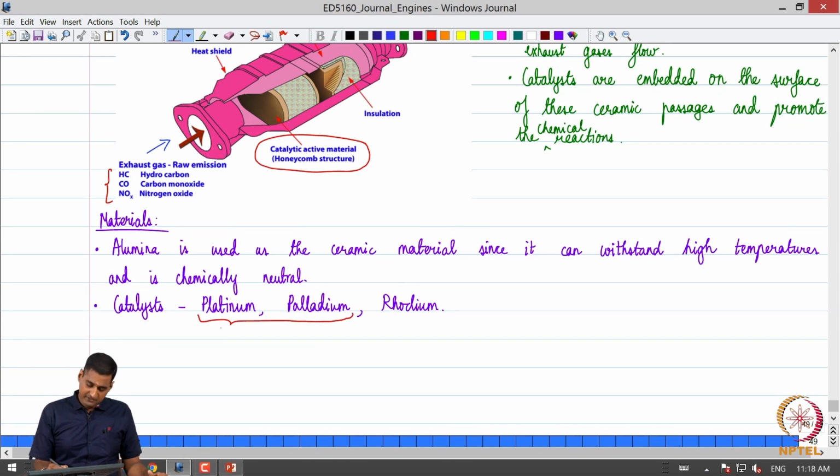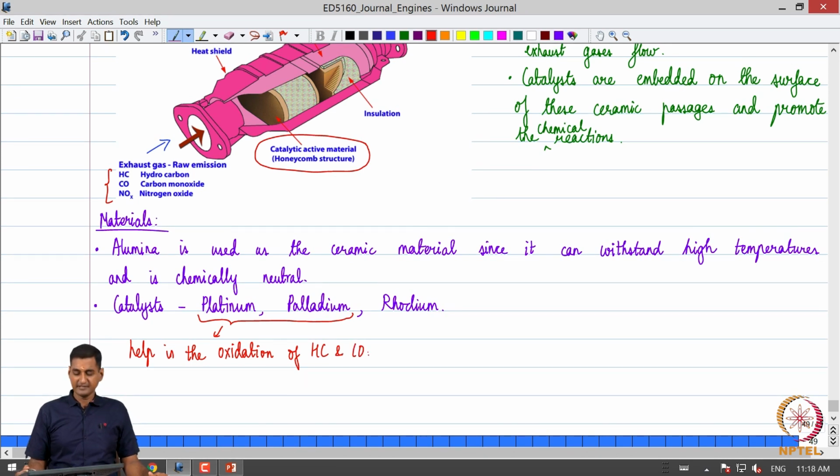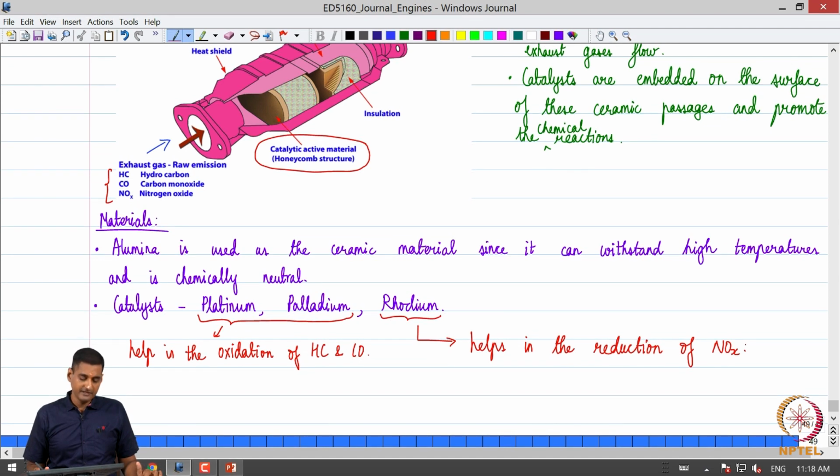Platinum and palladium help in the oxidation of hydrocarbons and carbon monoxide. That is the role of platinum and palladium. Now what about rhodium? Rhodium assists in the reduction of NOx. These are the roles of the catalysts present in the catalytic converter.